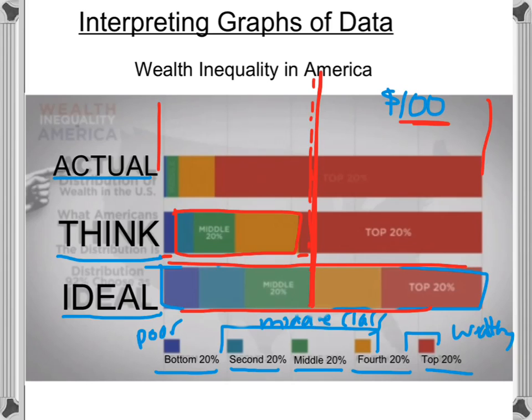So the net worth of America is sort of how much money we make on the products that we make every year. Okay, so the actual distribution, though, is much more startling. The actual distribution says that the top 20%, the wealthy people, own just about, okay, if we were to split this into quarters, let's do that because it looks like we're going to need to.